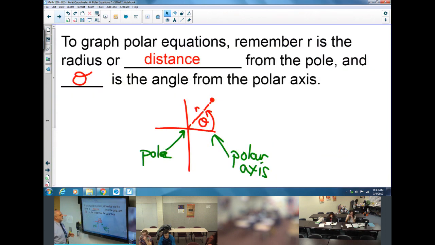Okay, so now we're going to talk about graphing polar equations. To graph polar equations, remember r is the radius or the distance from the pole, from the center, and theta is the angle up from the polar axis.